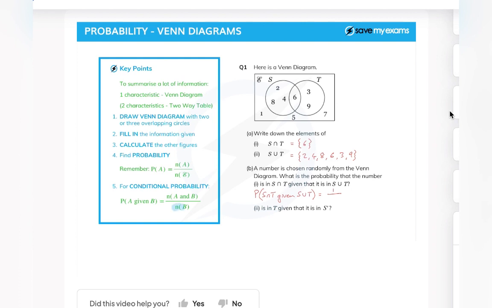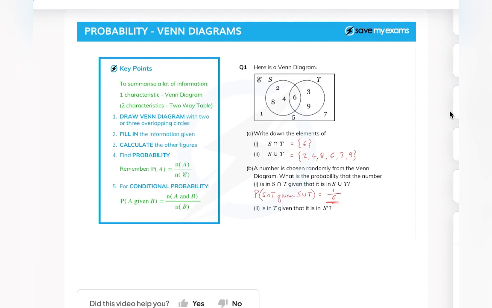And then how many elements are there in the second thing, in S union T? Well, there they are. There are 6 of them. So the probability is simply 1 out of 6. And if you think about that intuitively, that makes a lot of sense. We're in S union T, 6 elements, just one of them is in S intersection T, so 1/6.